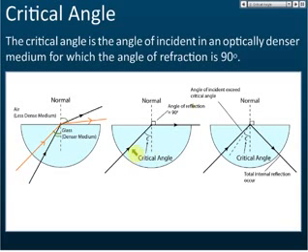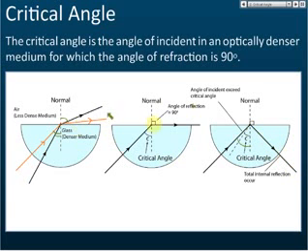Then how about if we keep on increasing the angle of incidence? We move it upwards. So what will happen? Suppose that this is the critical angle. If the angle of incidence is bigger than the critical angle, no more refraction, but 100% of the light ray will be reflected.